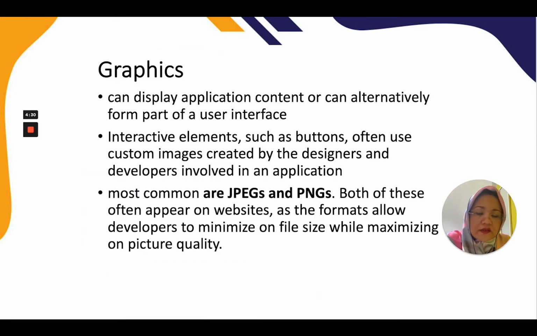That's why it's important to integrate graphics as well. The common formats of picture or image are JPEG and PNG. You shall learn this further later once we start using Photoshop in our training.